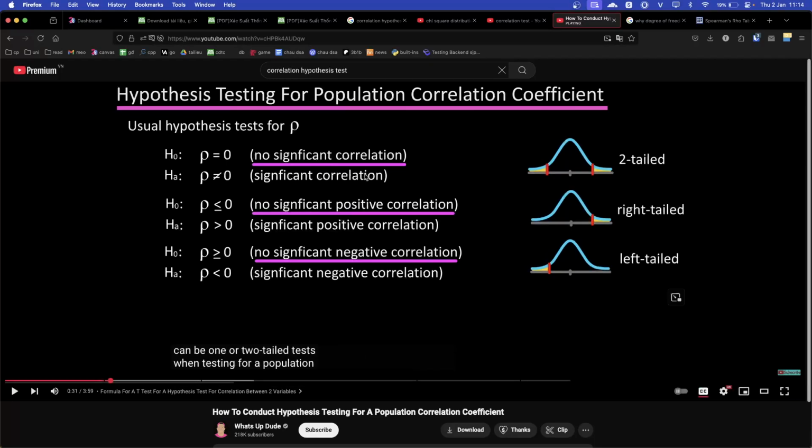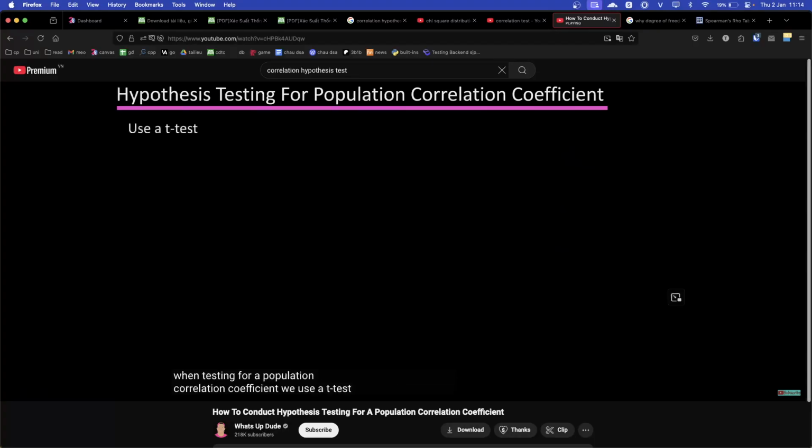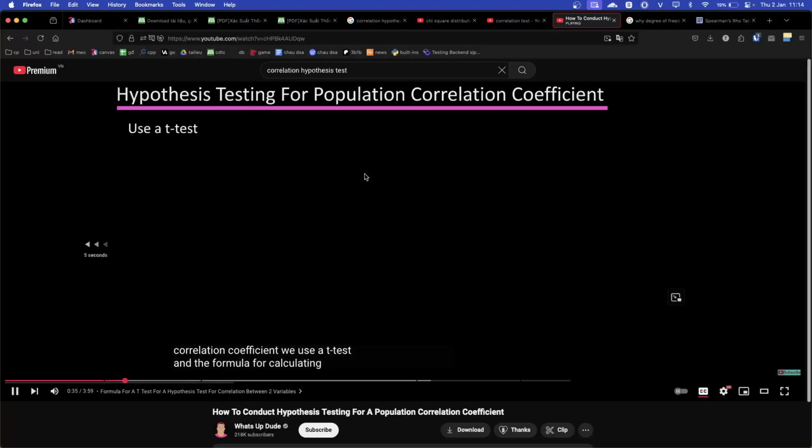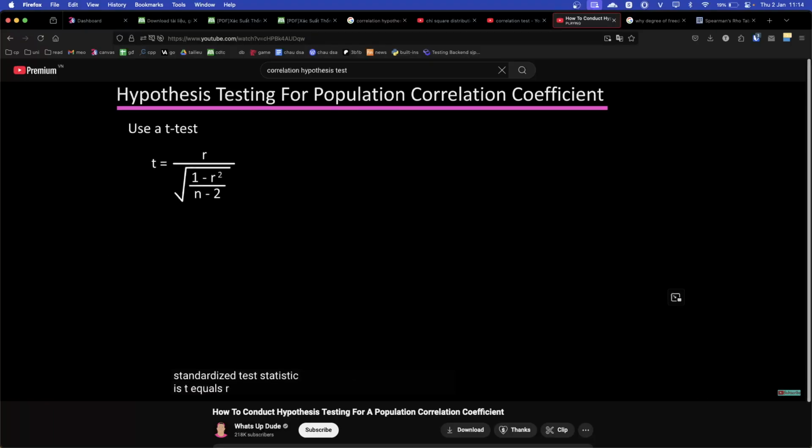When testing for a population correlation coefficient, we use a t-test. And the formula for calculating the standardized test statistic is t equals r divided by the square root of (1 minus r squared) over (n minus 2).